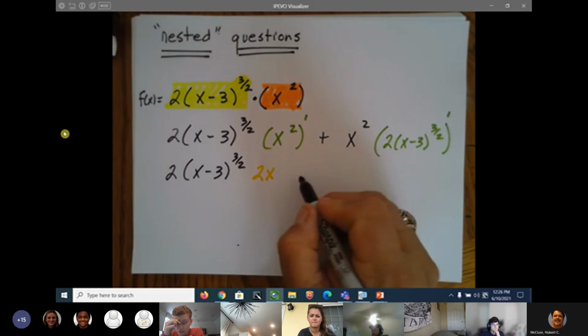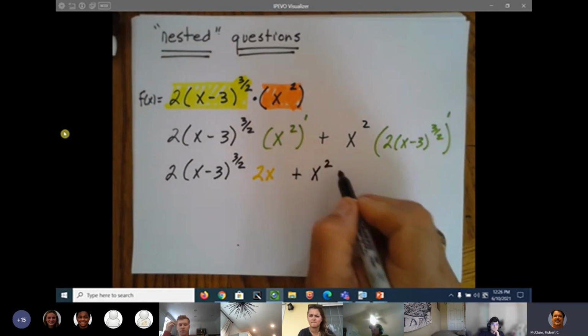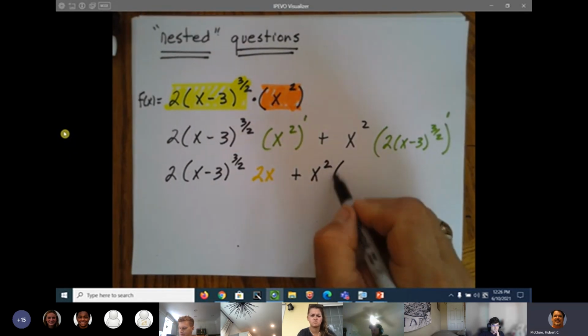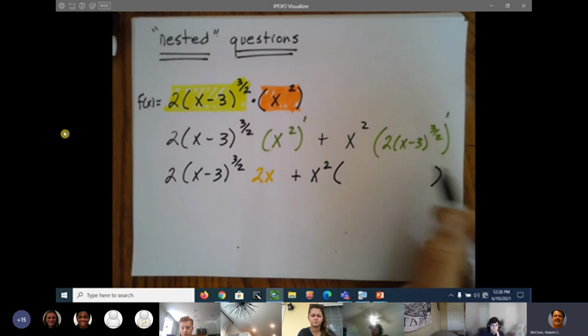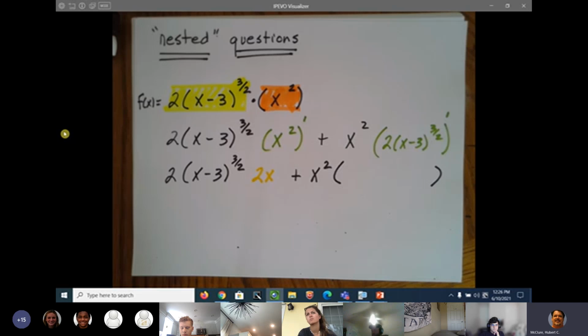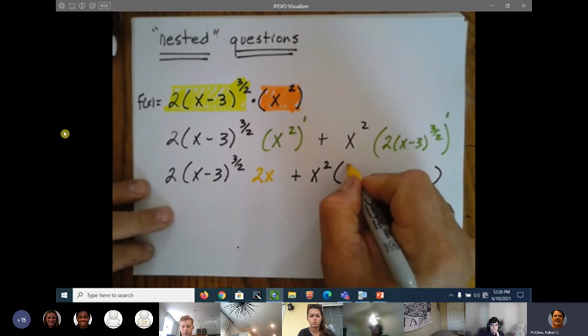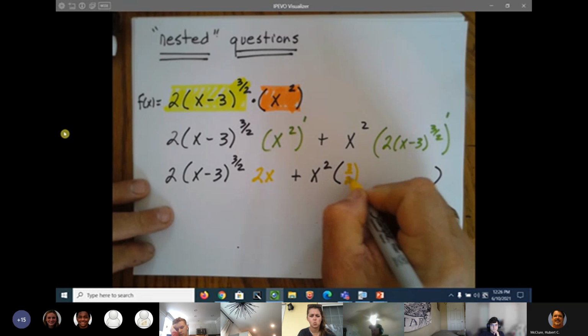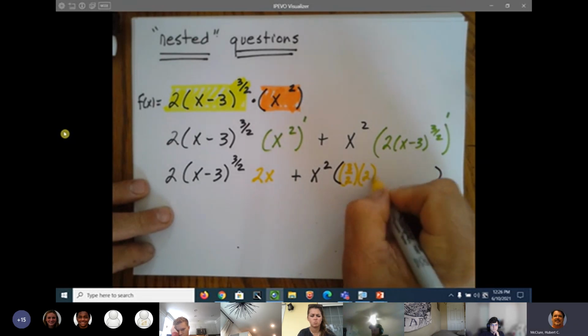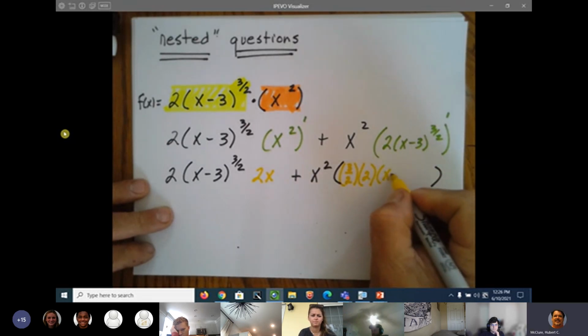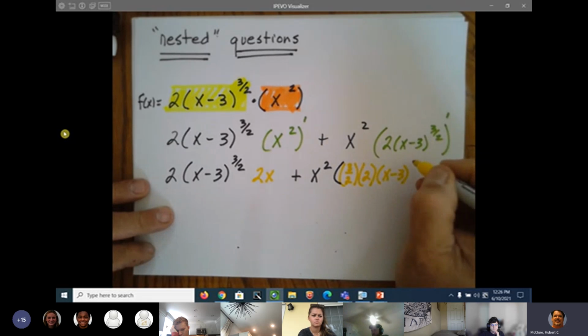Plus x squared times, and I'm going to put this in parentheses because I'm going to do this chain rule here. And I'm going to write it in steps. 3/2 times 2 times x minus 3 to the 3/2 minus 1.